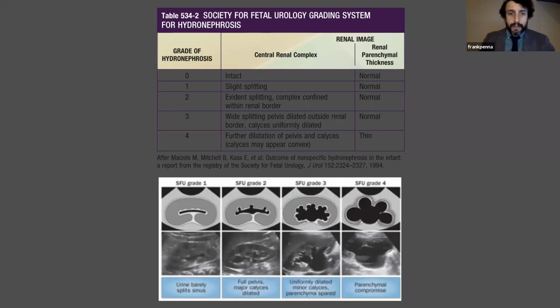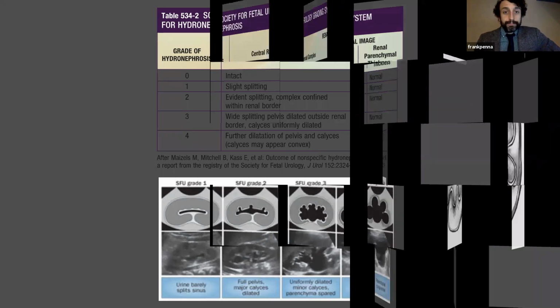But this is the one that we commonly use, and you can see how the calyces look and whether or not there's thinning of the parenchyma, on SFU grade 4, for example. Obviously, in that situation, those usually are severely obstructed kidneys that have really taken a hit with regard to function.